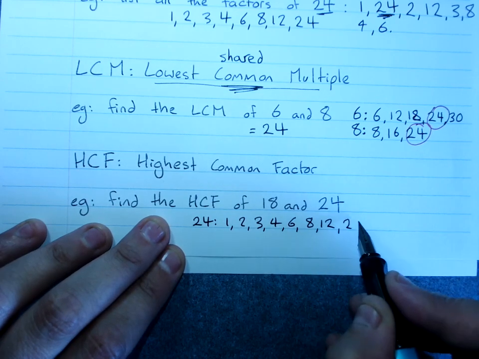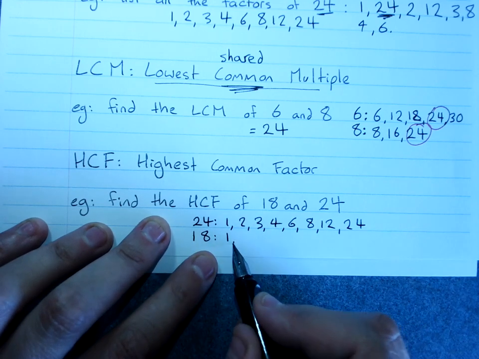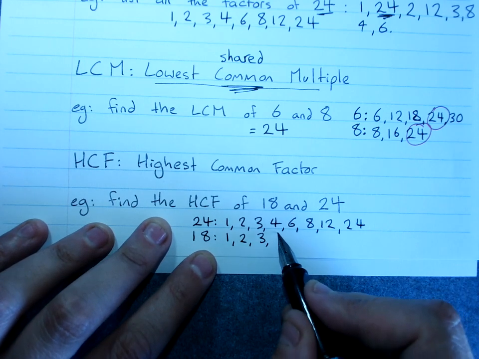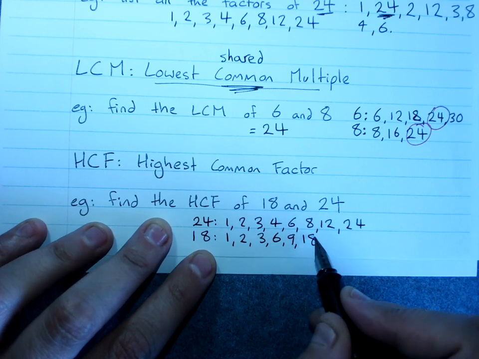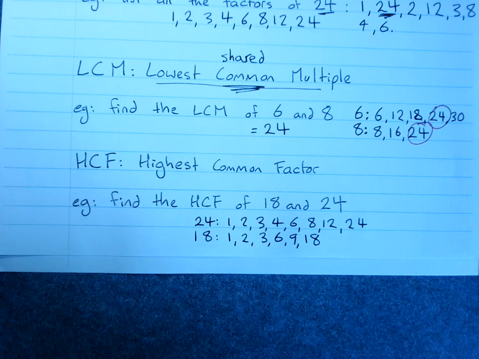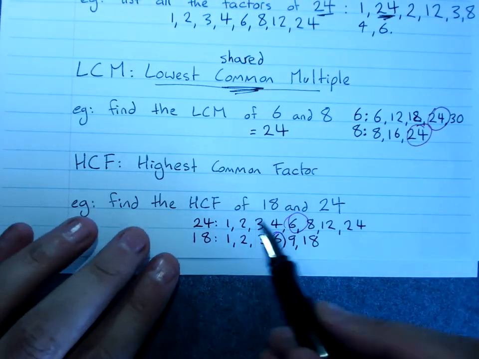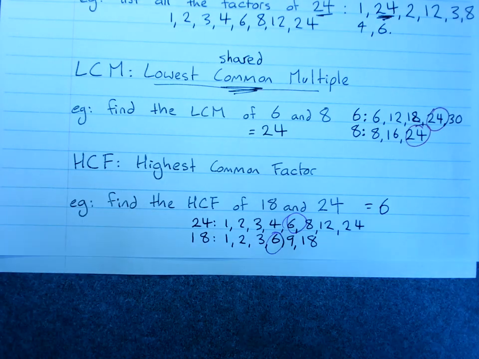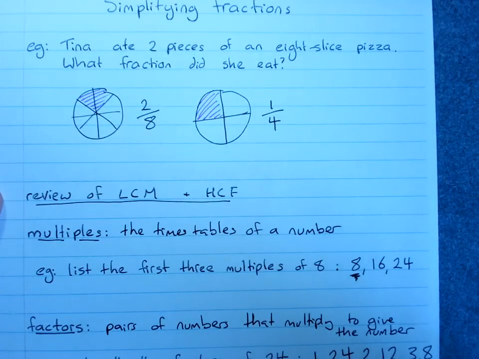We also list the factors of 18. 1 would go in, 2 will, 3 does, and so it's 3 times 6, or it's 2 times 9, or it's 1 times 18. And then we find the highest number that's on both lists, which is 6. So the HCF of 18 and 24 is 6. So that's a very quick review of LCM and HCF.